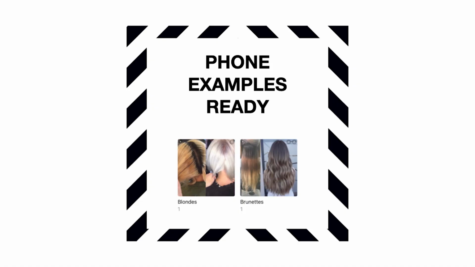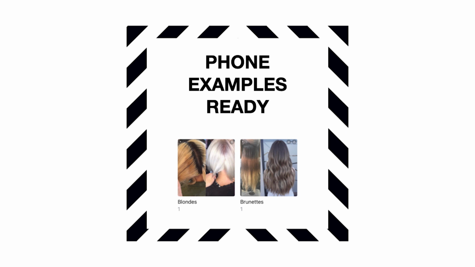So you need to make sure that on your phone, and I've said this in courses before, that you have examples. What does banding look like and how can it be corrected? What does it look like to have more balayage and less balayage? What does a gold balayage look like? What does an ash balayage look like? All of these things need to be categorized and put into your phone, especially if you've put a warm tint on your roots, what the reality is of how clean I can get it.